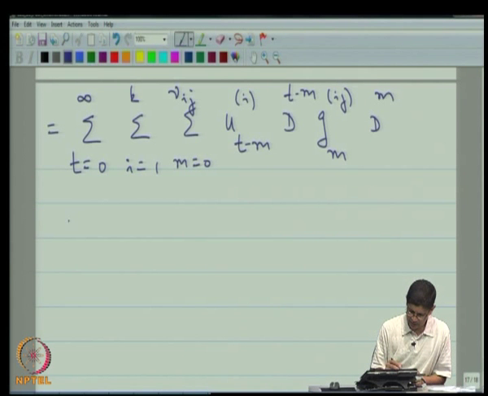So, this can be written as the sum i is equal to 1 to k. Now, I am interchanging summations.